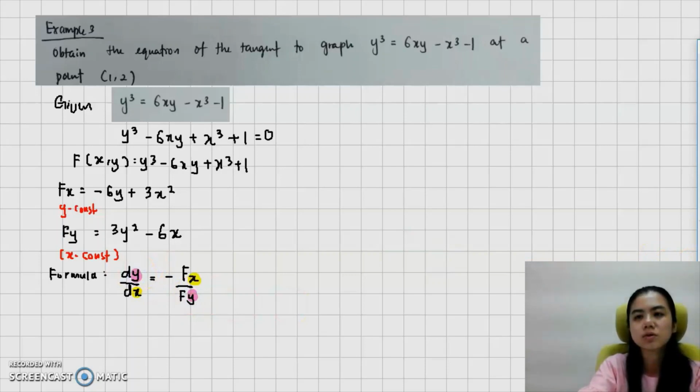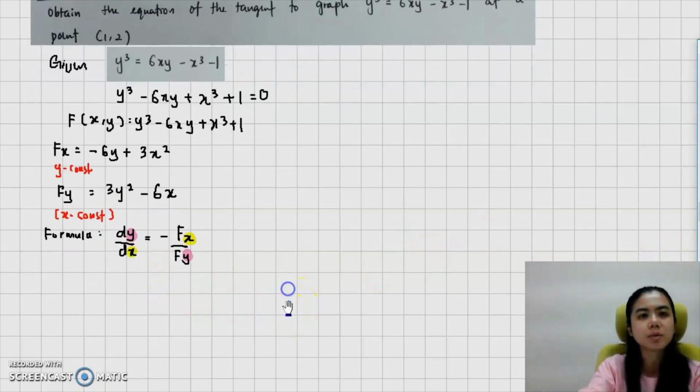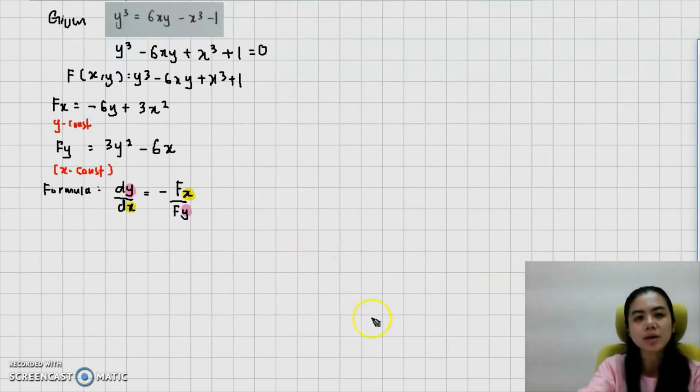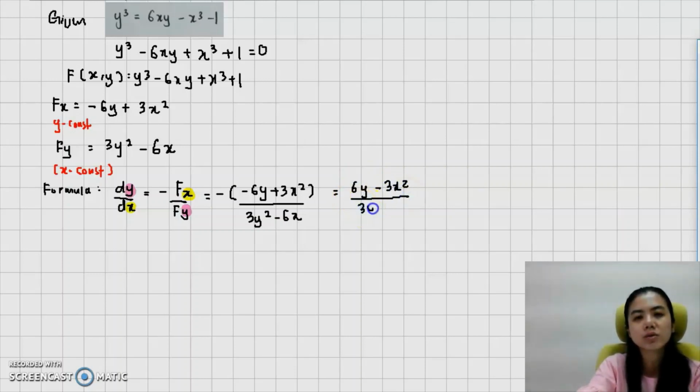Let's do the substitution. If we do the substitution, we have minus (minus 6y plus 3x squared) over (3y squared minus 6x). You can multiply the minus inside, so you have (6y minus 3x squared) over (3y squared minus 6x).